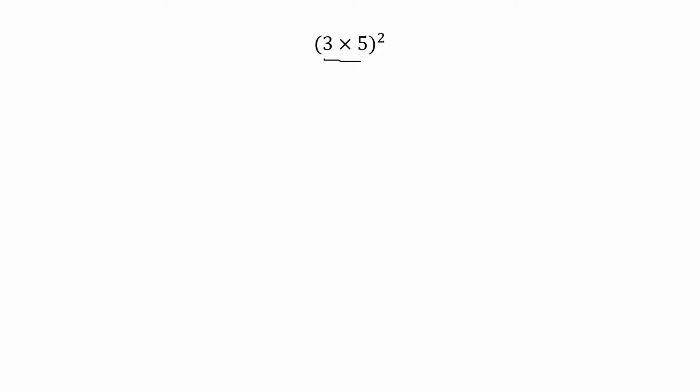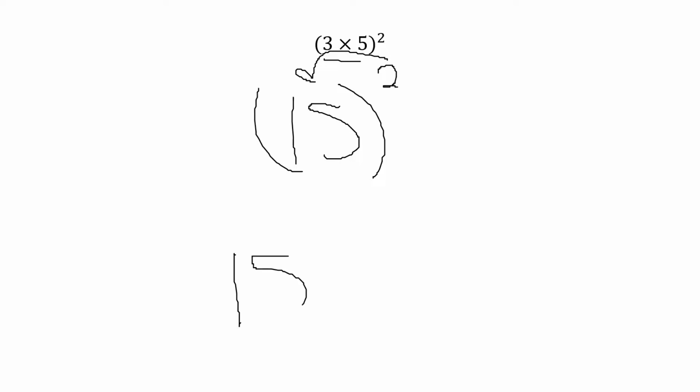So to work these, you simply work inside of your parentheses, and then you look at the outside. And this is just saying 15 squared. Now, if it's asking you to solve it, 15 times 15. If it's asking you to simplify it, it's just 15 squared.